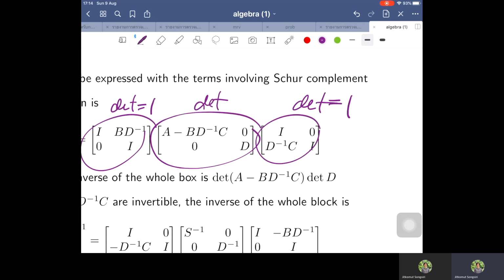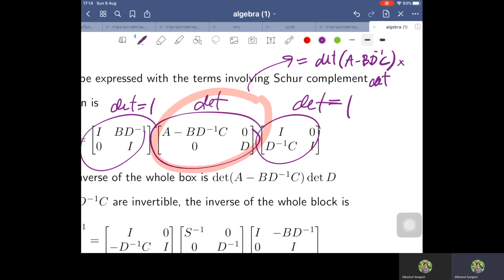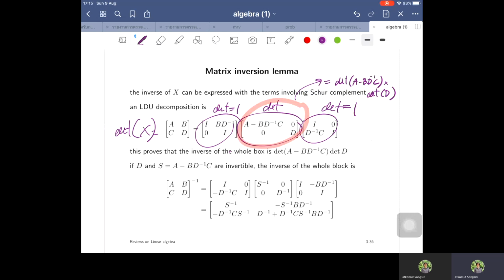And the determinant of the block diagonal matrix is the determinant of the main diagonal blocks, that is, A minus B D inverse C and D. That proves that the determinant of X equals the determinant of the Schur complement multiplied by the determinant of D.